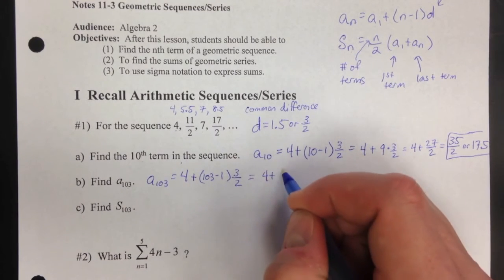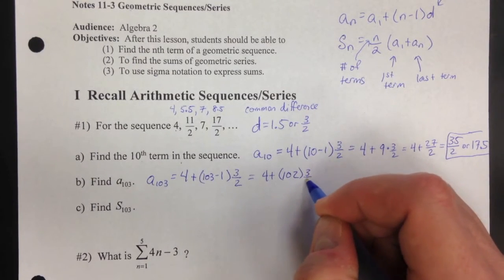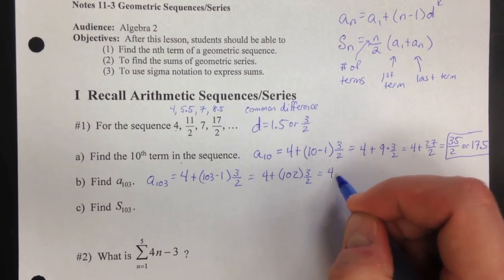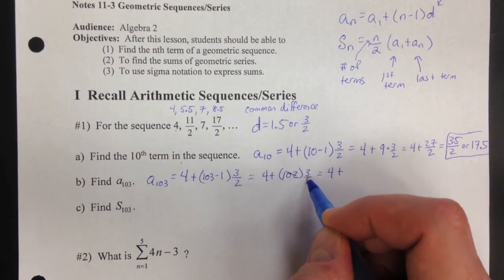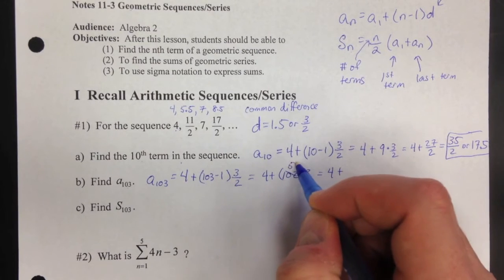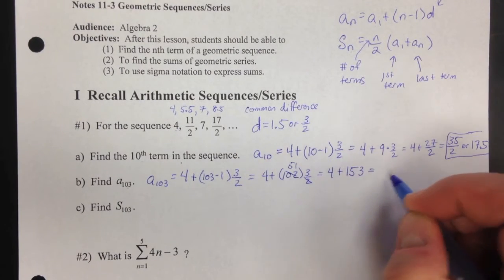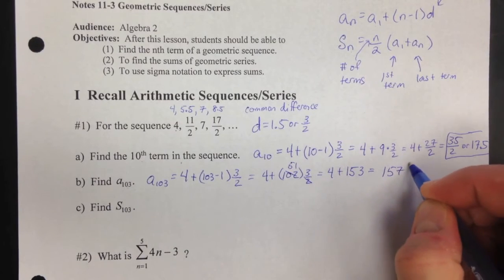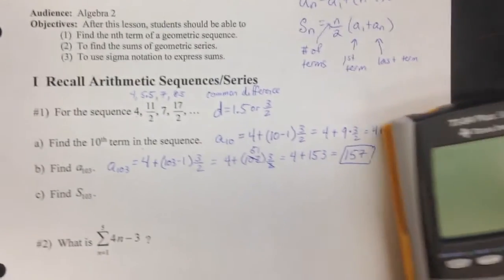We get 4 plus 102 times 3 halves. I can simplify: 102 divided by 2 is 51. 51 times 3 is 153. Add that to 4 and we get 157. So that one actually works out to an integer.